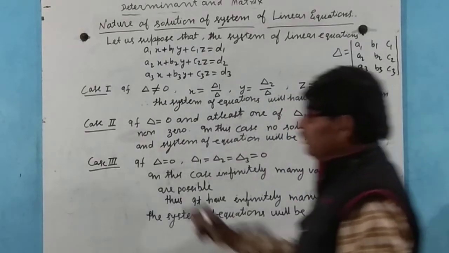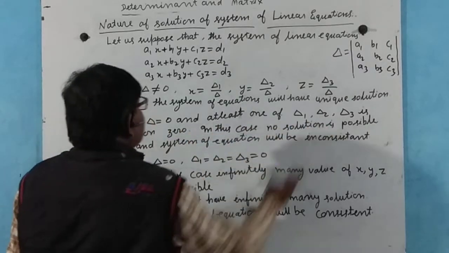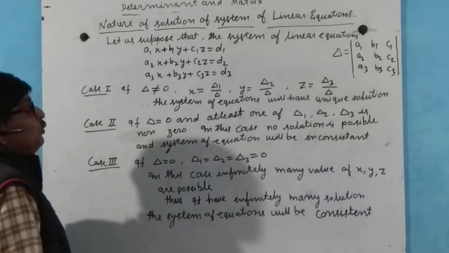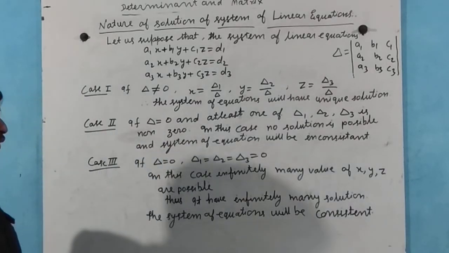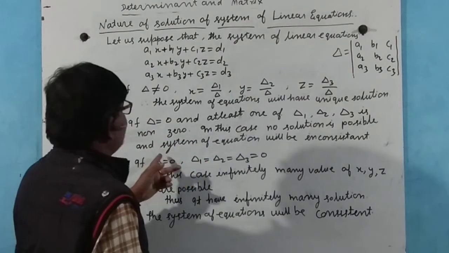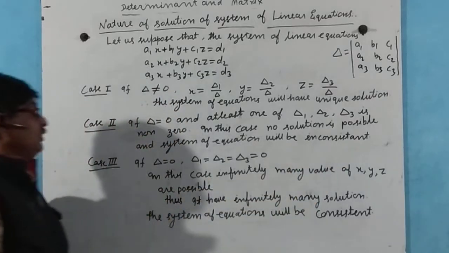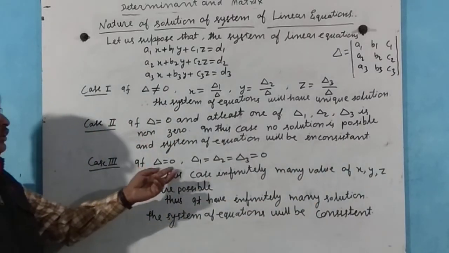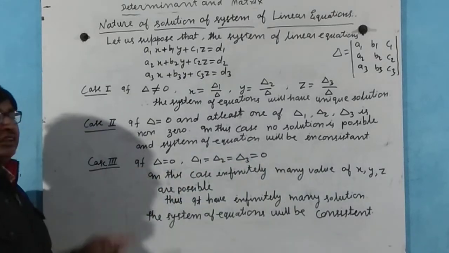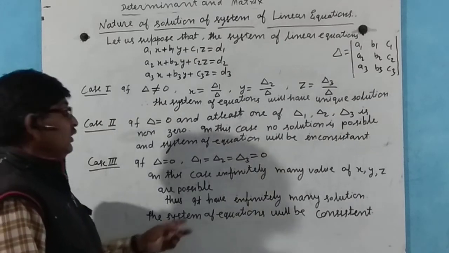Now case second, if delta equal to 0 and at least one of delta 1, delta 2, delta 3 is non-zero, in this case no solution is possible. Delta equal to 0 and no solution will be possible, and the system of equations will be inconsistent. If delta equal to 0 and delta 1, delta 2, delta 3 are also equal to 0, in this case the system has infinitely many solutions.